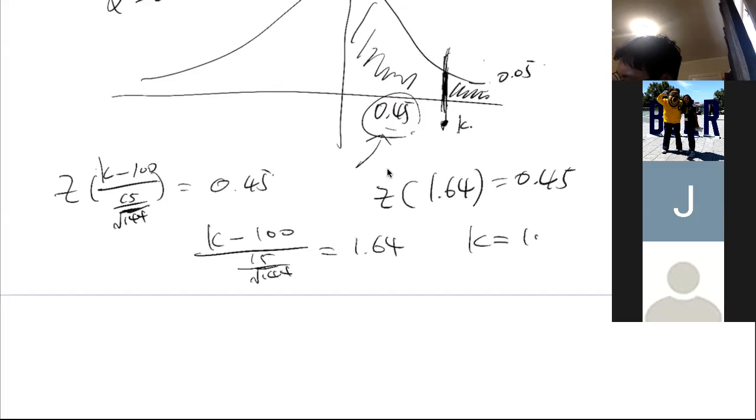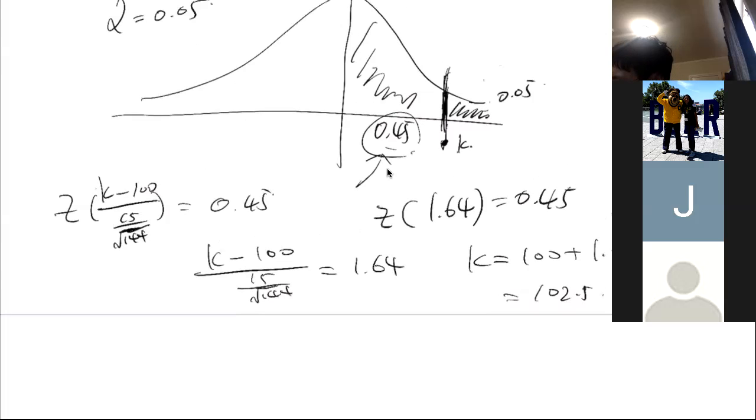So k is equal to 100 plus 1.64 times 15 over square root of 144. And this value is calculated to be 102.5. So this point is 102.5. So the rejection zone is 102.5 to positive infinity. So everything on the right-hand side of this threshold.